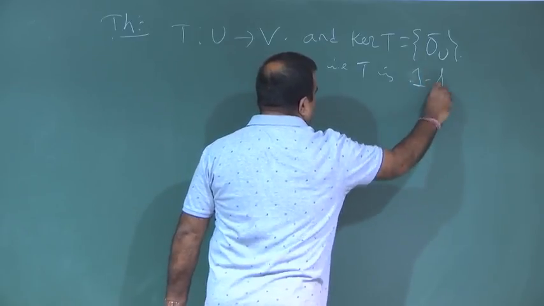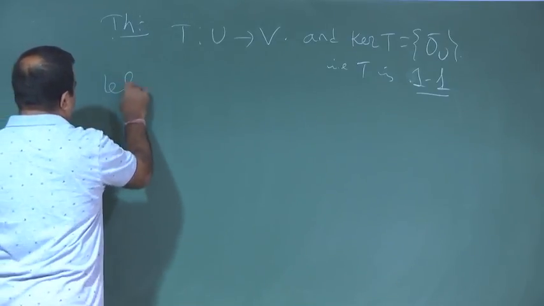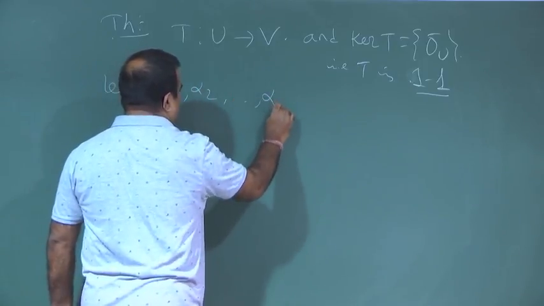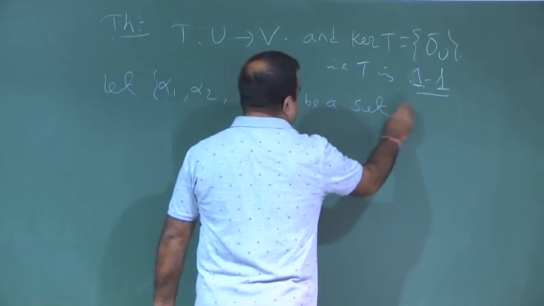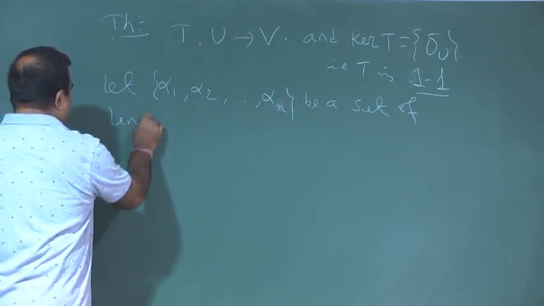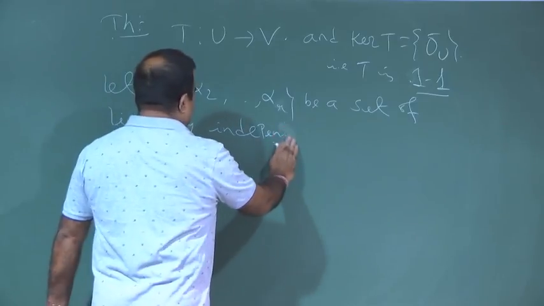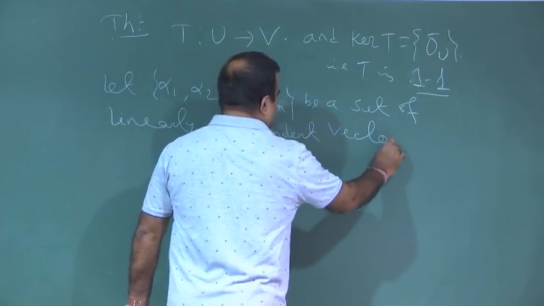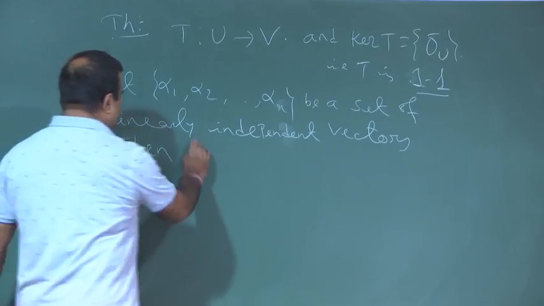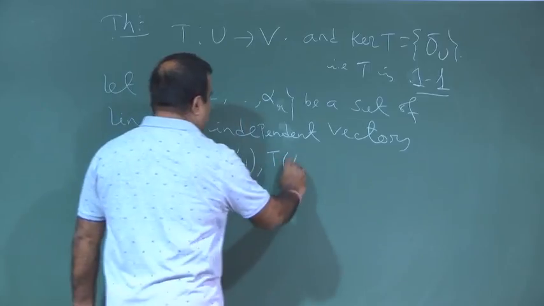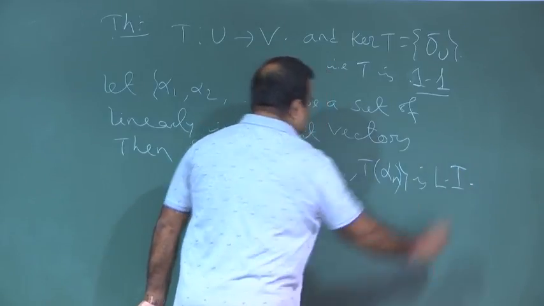Then this theorem is telling us, if we let alpha 1, alpha 2, up to alpha r be a set of linearly independent vectors, then the set T of alpha 1, T of alpha 2, up to T of alpha r is also a linearly independent set of vectors.